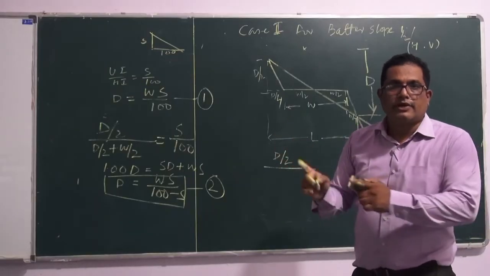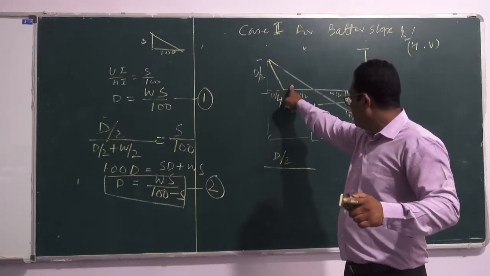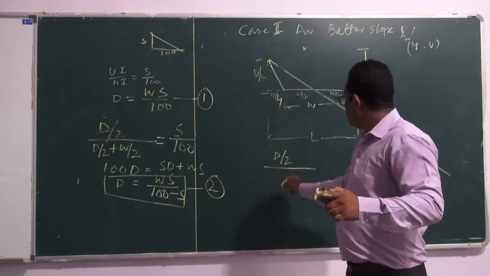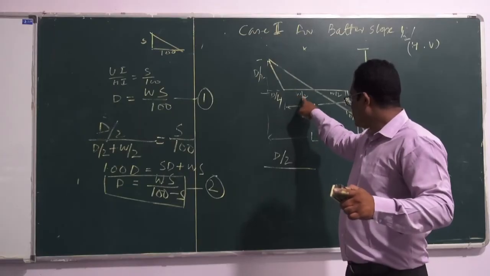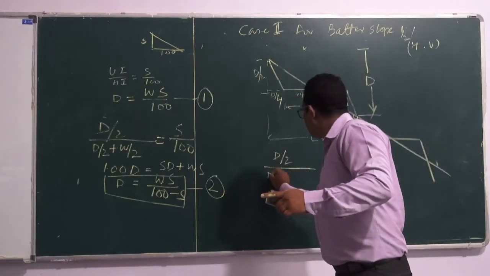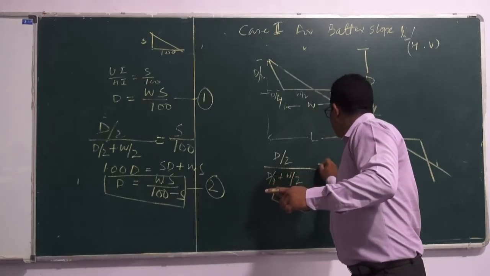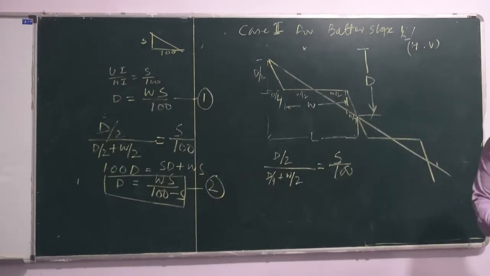Vi by Hi is equal to S by 100. Vi here, in this similar triangle, is D by 2, Hi is D by 4 plus W by 2, equal to S by 100.